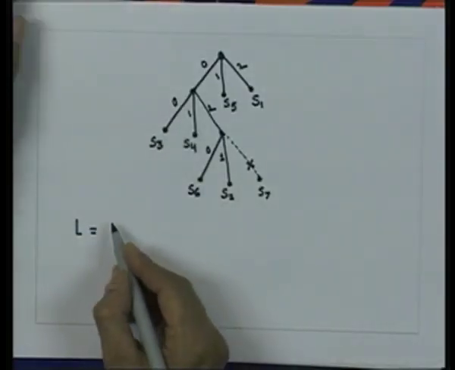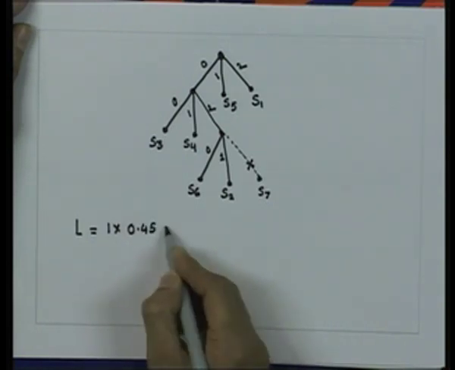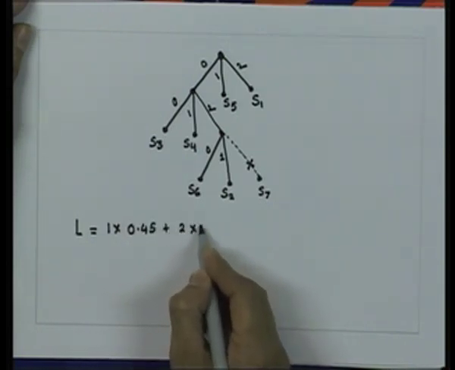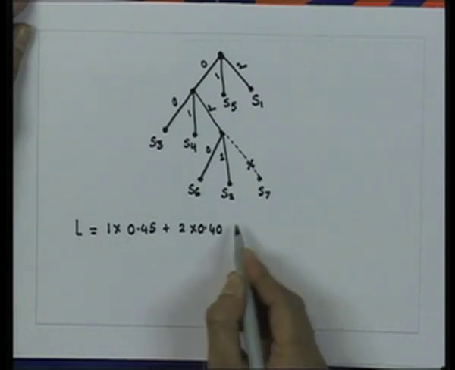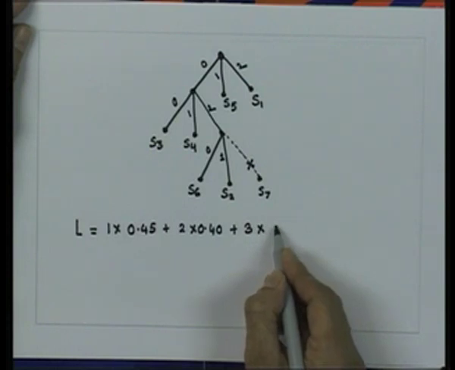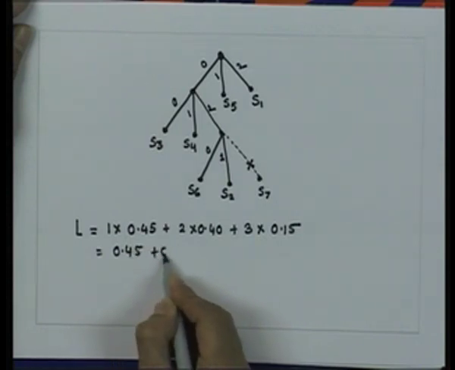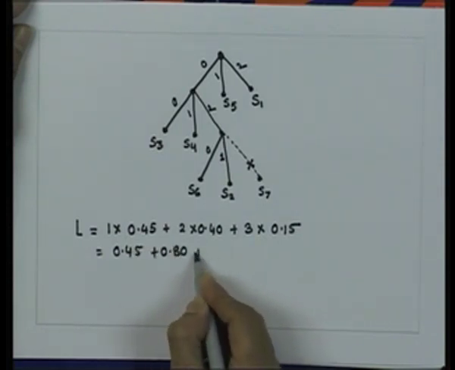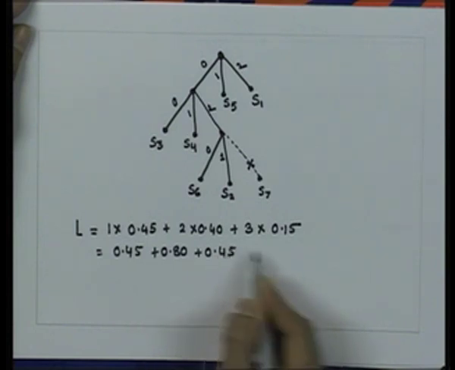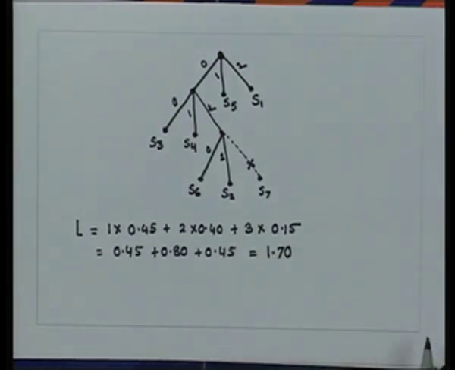So, if we calculate that, this will turn out to be 1 into 0.5, 2 into 0.40 plus 3 into 0.15, and this is equal to 0.5 plus 0.8 plus 0.45, so this is 1.70 ternary digits per symbol.